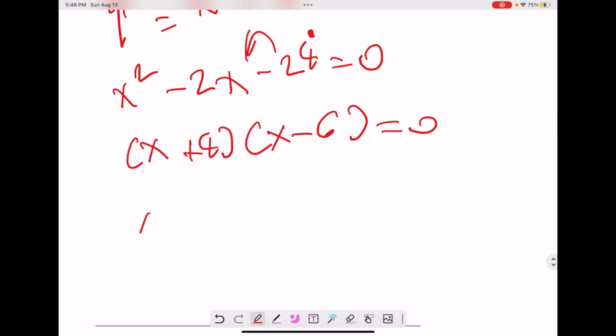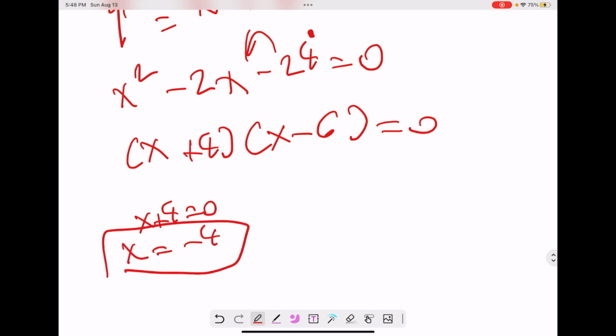If you set these as mini equations, we get x equals negative 4, and x equals 6. And these are both not extraneous solutions.